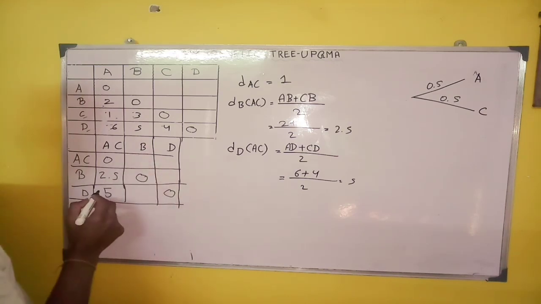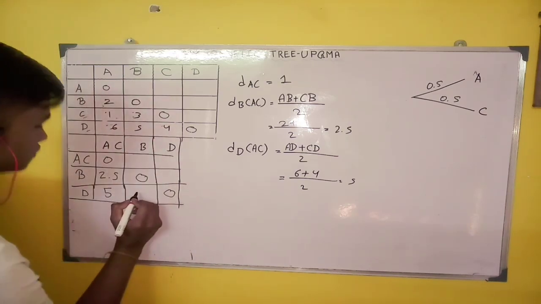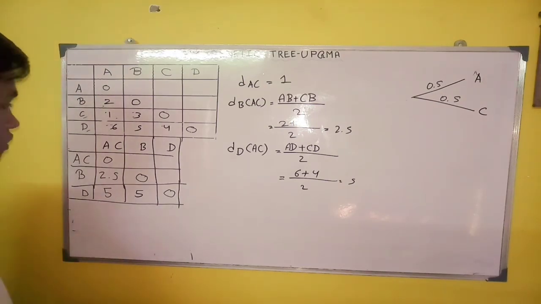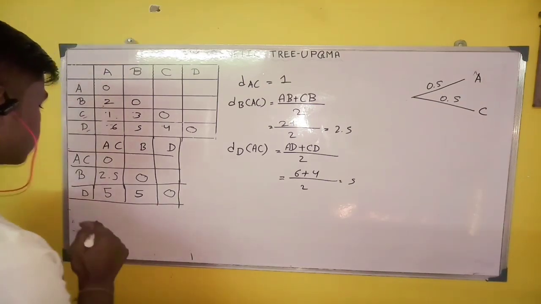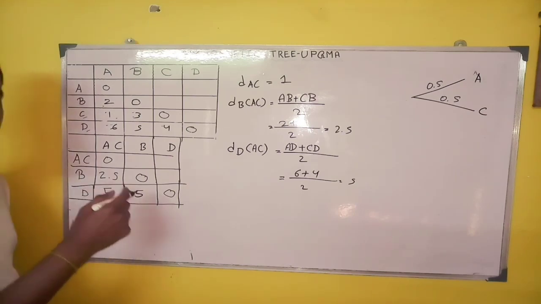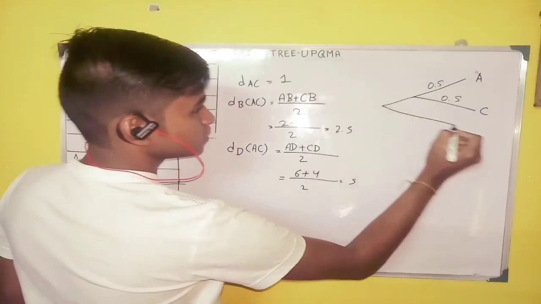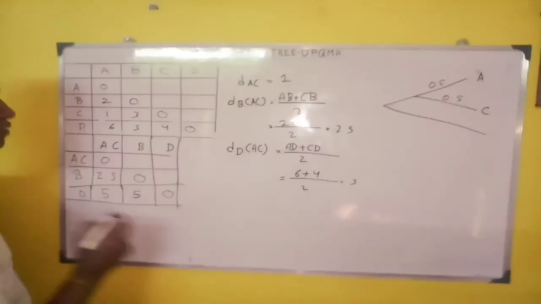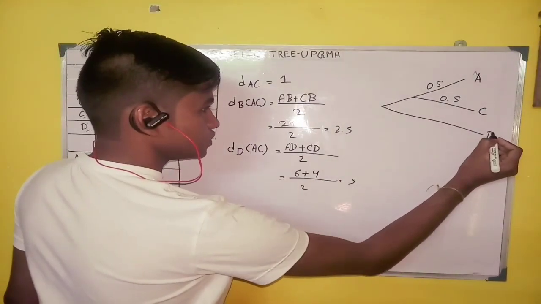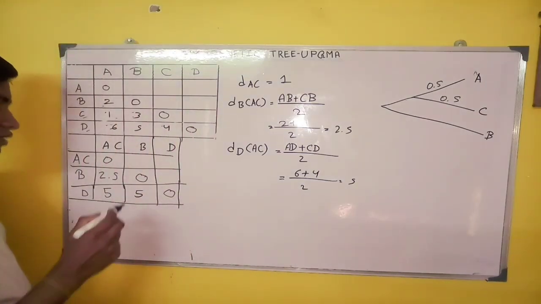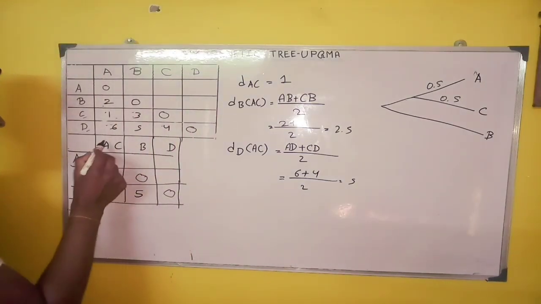The distance of B and D is actually 5. So in this case the lowest distance in this given table is 2.5. So our next root will be B, which has the lowest distance in this table, 2.5 in respect of AC.